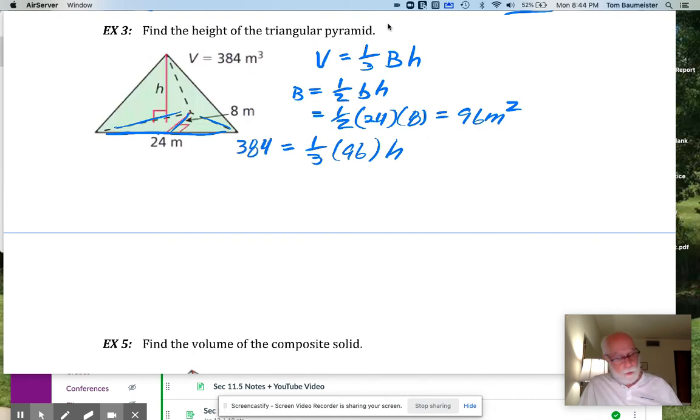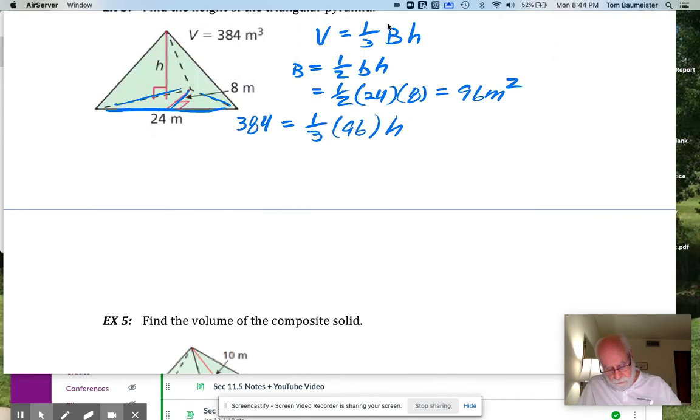All right, so again, if I solve this one for H, why don't I multiply 3 on both sides? Or actually on this one here, it's easier and nicer if I take 96 divided by 3. 96 divided by 3 is going to give us 32.